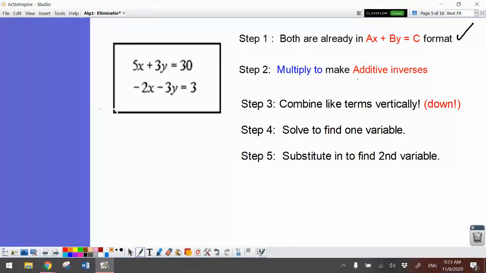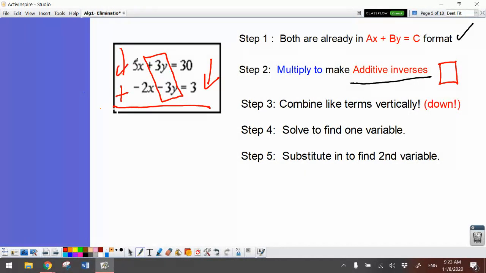Then I'm going to check and see if I have additive inverses. If I don't have them, I may have to multiply. But in this case, I have a 5 and a 2, and then I have this positive 3 and negative 3. Those are additive inverses. So I'm going to box my additive inverses. Then what I'm going to do is draw a line, and I'm going to add down.